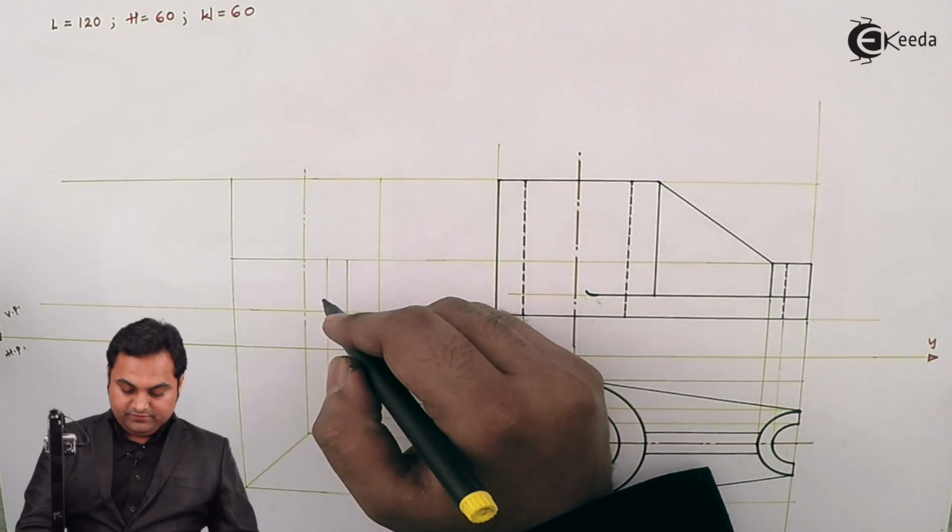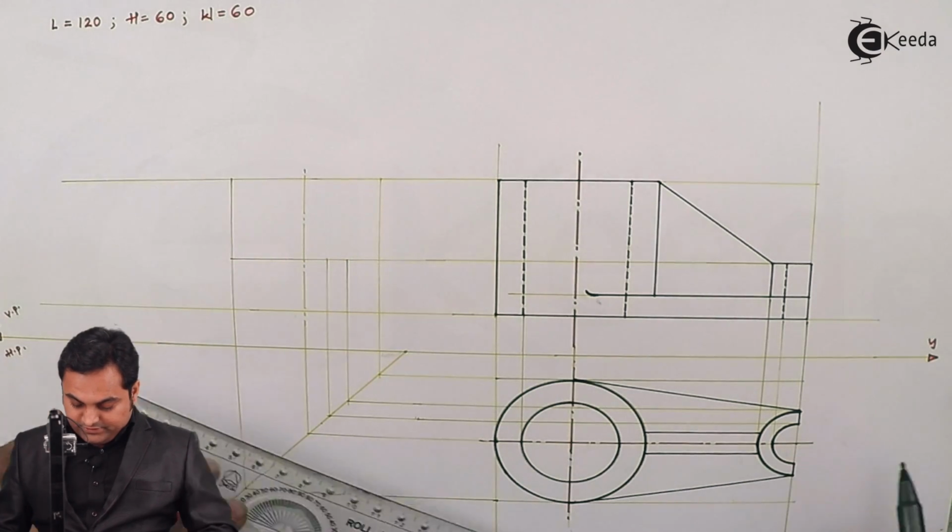So here I am getting the first rectangle, then another rectangle is there.